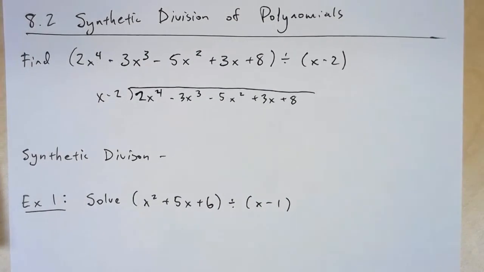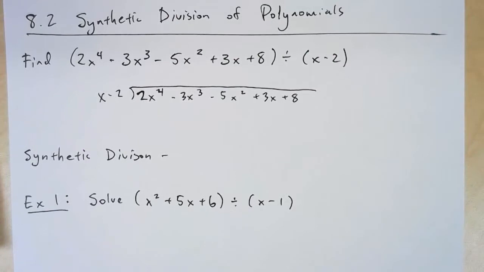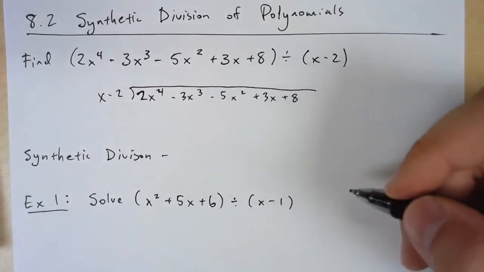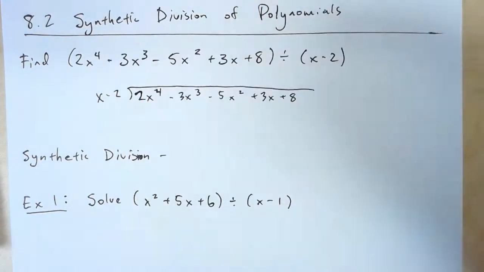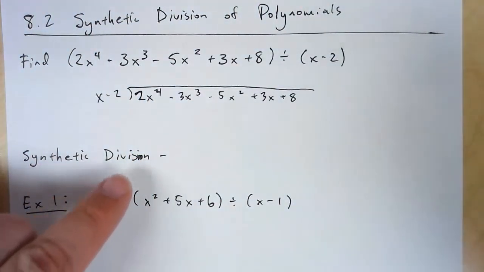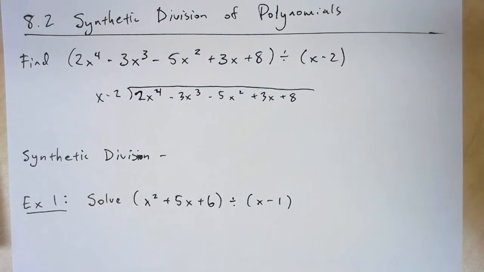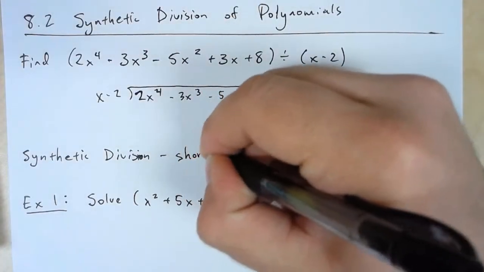So if you're comfortable with long division, by all means, continue to do that. However, today I'm working on synthetic division, and you shouldn't attempt this one until you've mastered long division, because this is a shorthand.